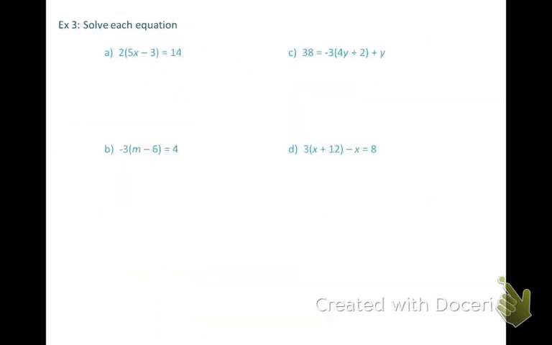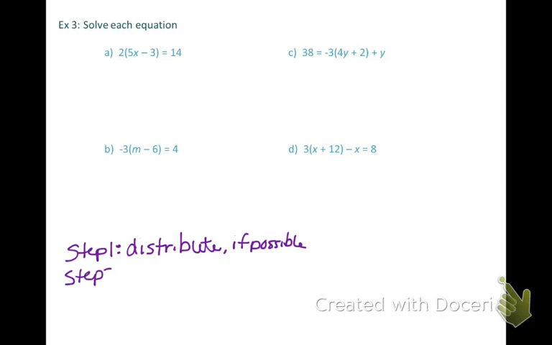Okay. Example 3. If you have distributed, I'm going to write down some stuff you need to do on this one. Step 1 on this kind is you distribute, if possible. Step 2, combine like terms on the same side.